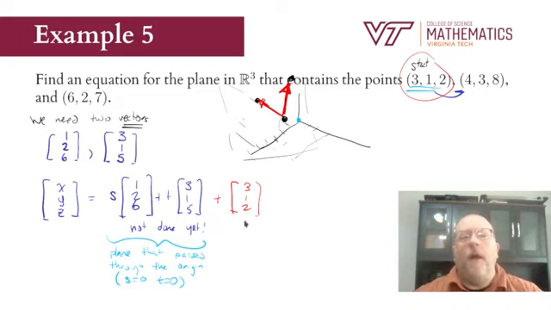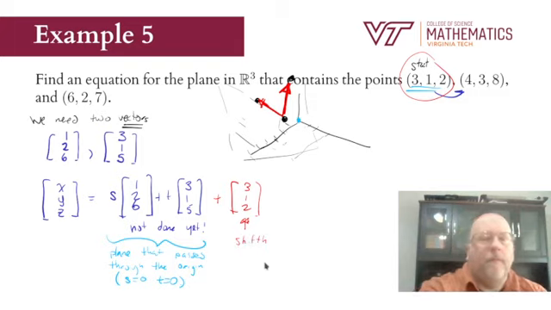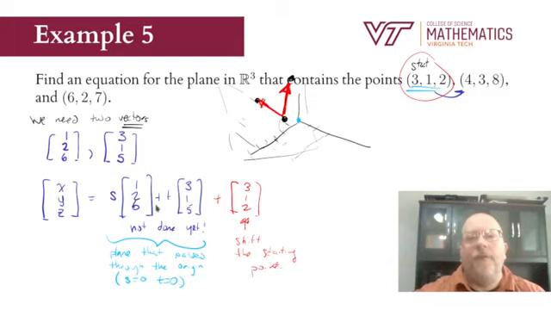So shift the starting point from the origin. And now when s and t are 0, then we get 0 times this vector plus 0 times this vector plus 3, 1, 2, and that means that at the starting point at s equals 0 and t equals 0, we're here and not down at the origin.